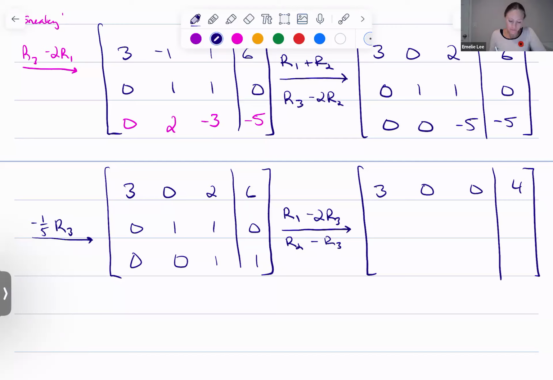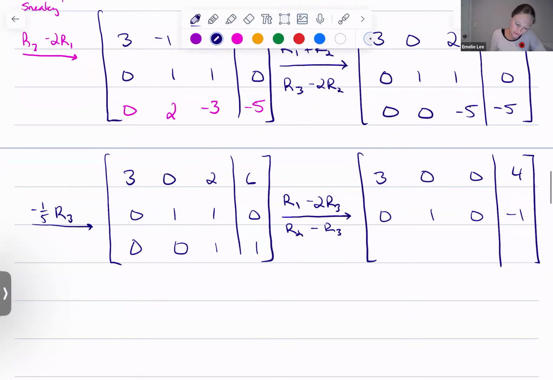Row 2 minus row 3. 0 minus 0 is 0. 1 minus 0 is 1. 1 minus 1 is 0. And 0 minus 1 is -1. And row 3 is unchanged. 0, 0, 1, 1.